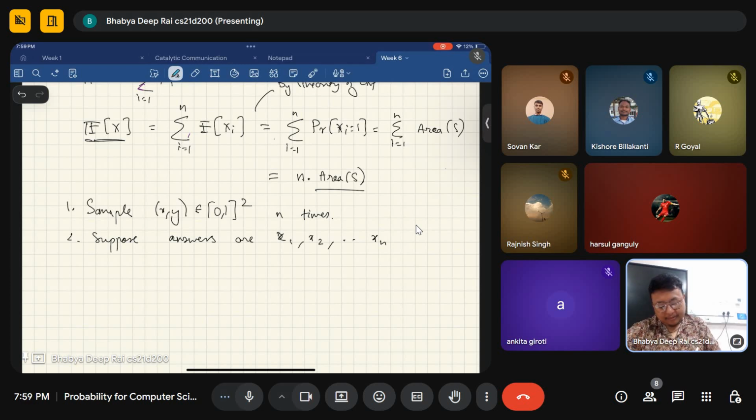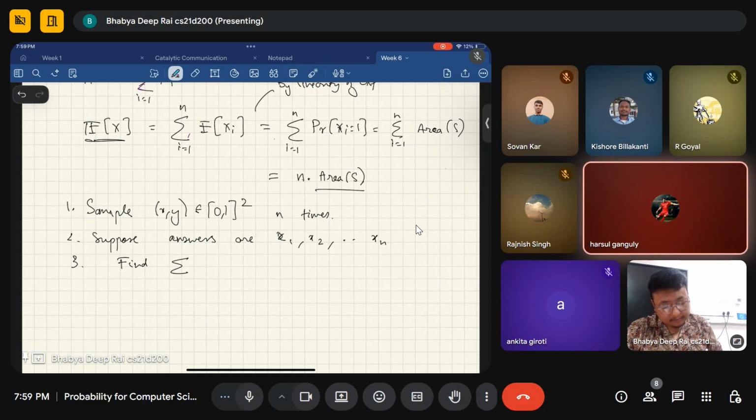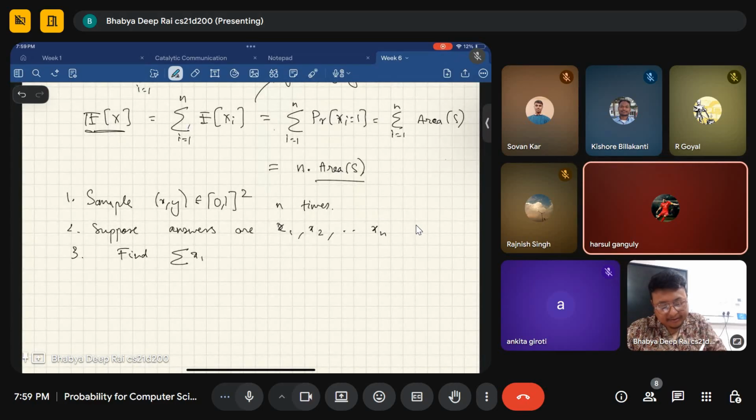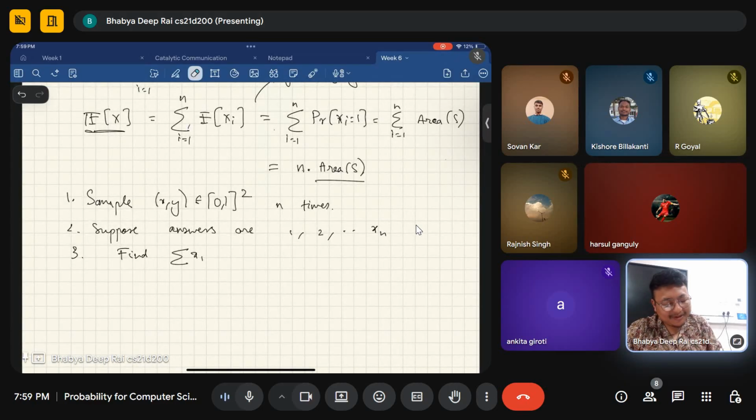And now what do you do? Find summation of x1. Okay, I think this is only confusing. Let me write capital X1, X2, and so on, Xn.